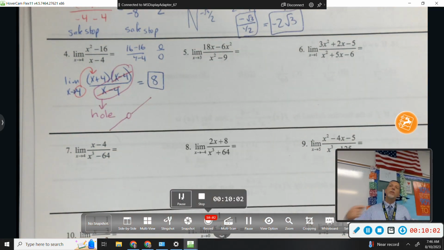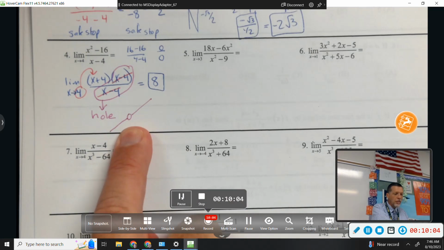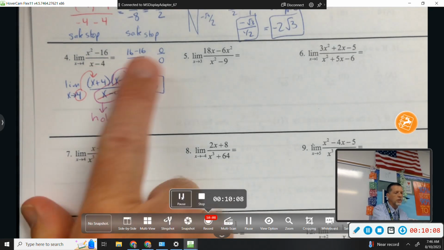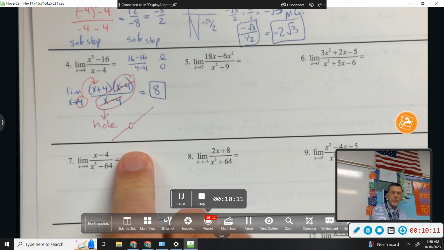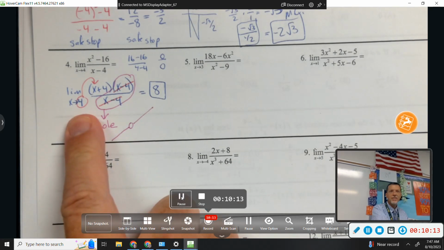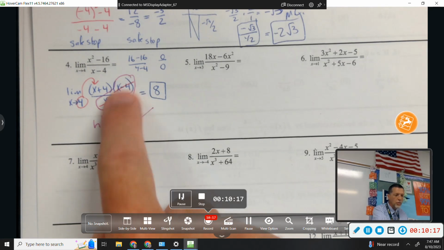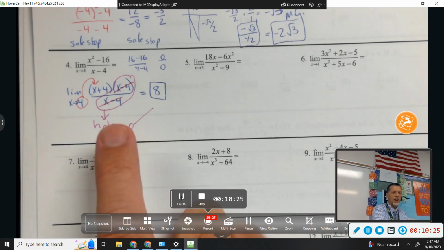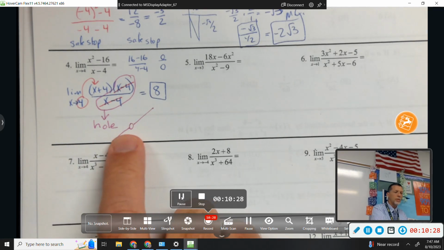Now think back to what we did yesterday. The function doesn't exist there, right? So if we tried to plug in 4, it didn't work because it wasn't there. It kind of messed things up. But the limit does exist there. And the limit exists there because we were able to sort of remove that hole and fix it. I mean, it's still there in the original, but the limit exists. So that's trying to connect what we did yesterday graphically with a little bit of pre-cal.